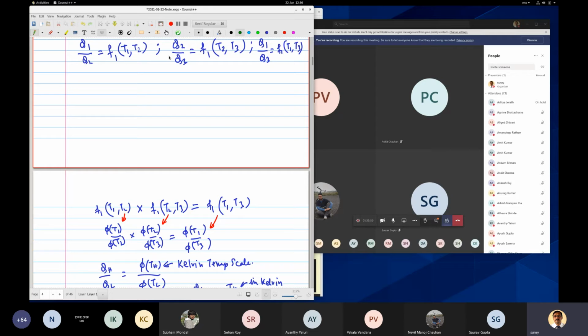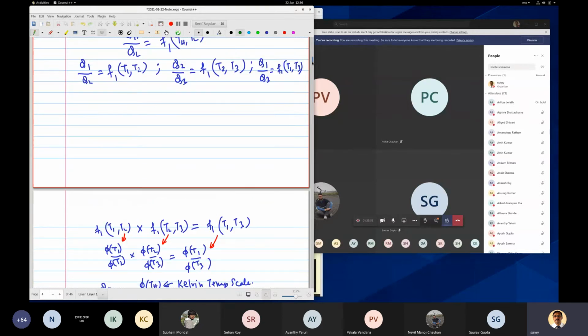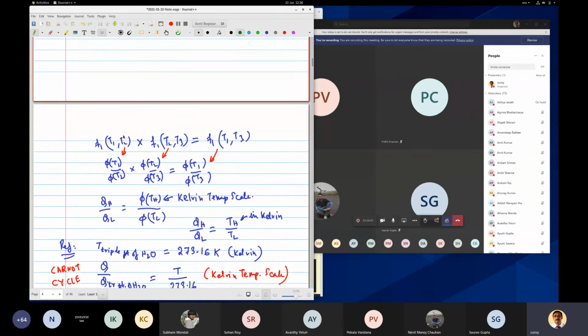Because Q1 by Q2 times Q2 by Q3, you get Q1 by Q3. We all know that, so this is true. So this function of T1 and T2 should be some function of temperature T1 by T2, and then this will be valid. So this function has to be some temperature at the top by some temperature at the bottom.